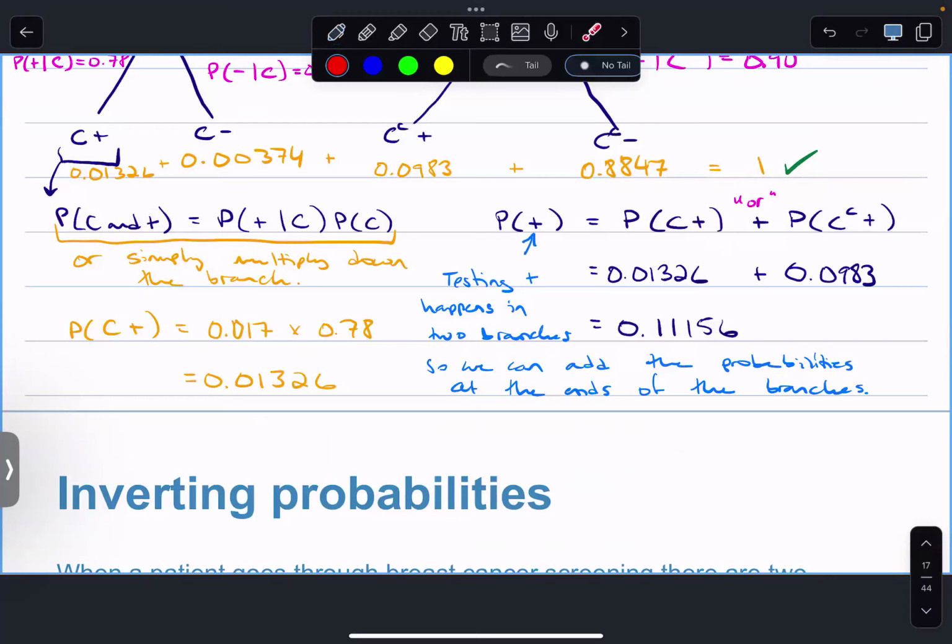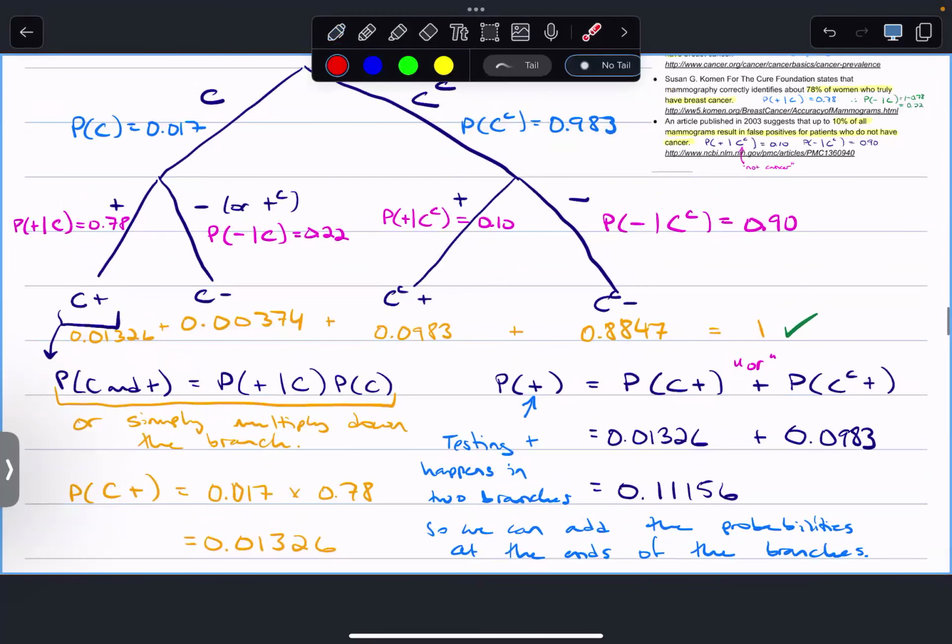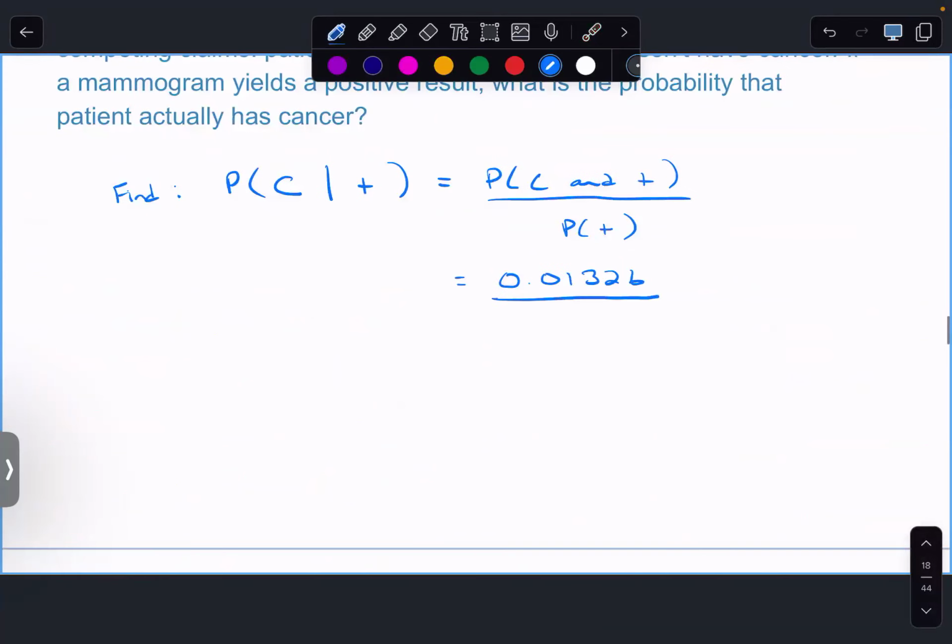But we already found that there are 2 ways that I could test positive, this or this. So I added those probabilities together and I found 0.11156. That's on the previous page, because we did a lot of work there.